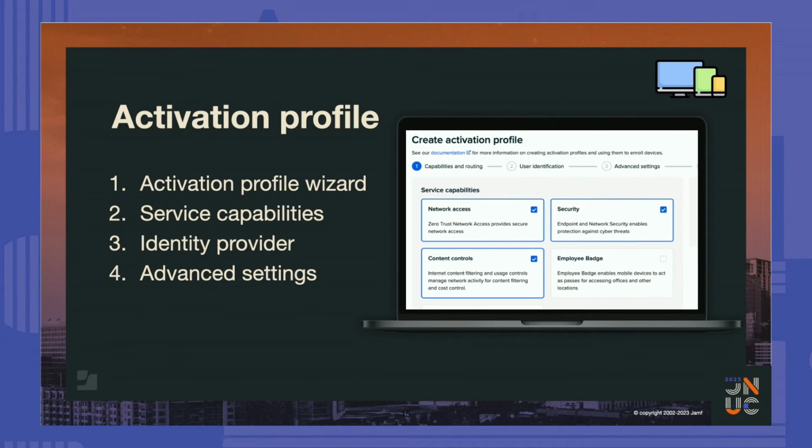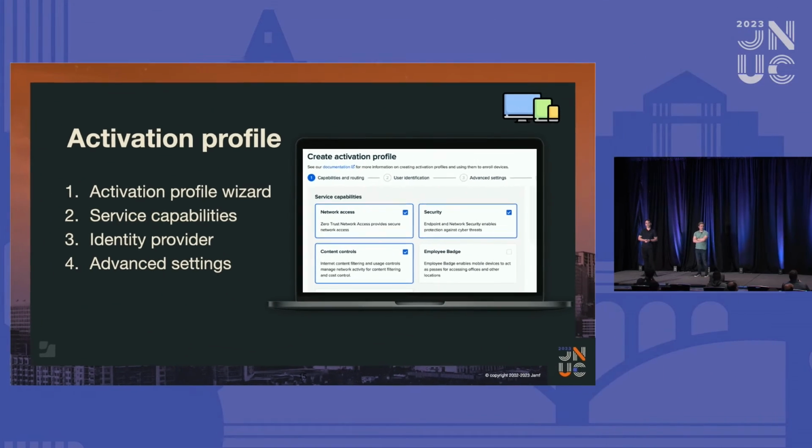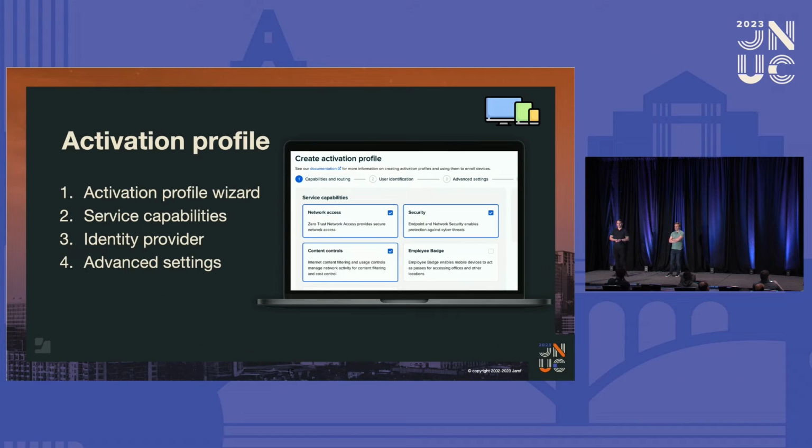The activation profile here is used for device enrollment and setting up its capabilities and their properties. Each activation profile can be customized, and during the activation profile configuration flow, the activation profile wizard will take you through the process.